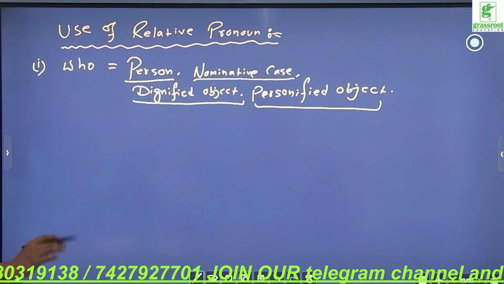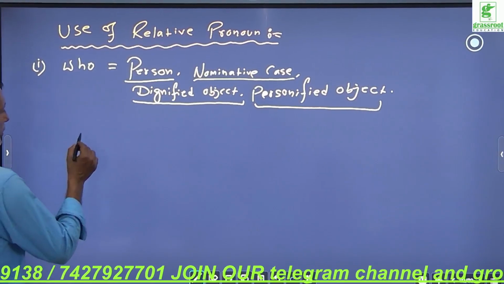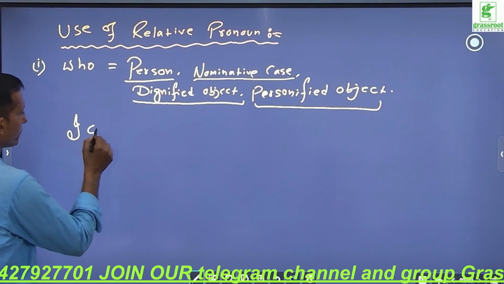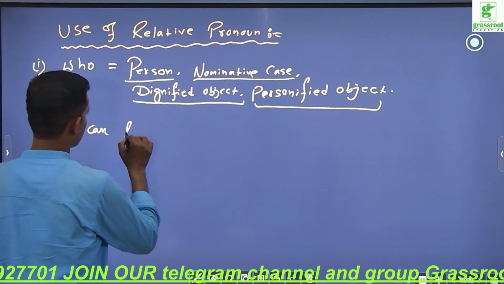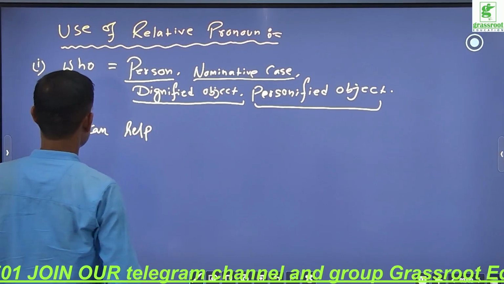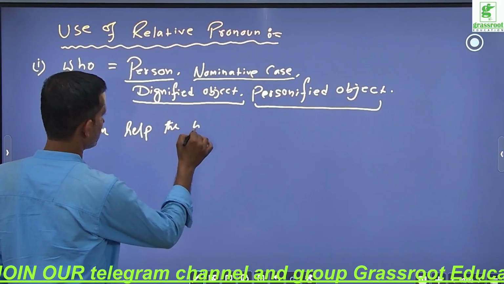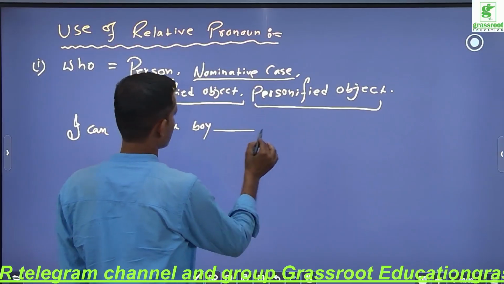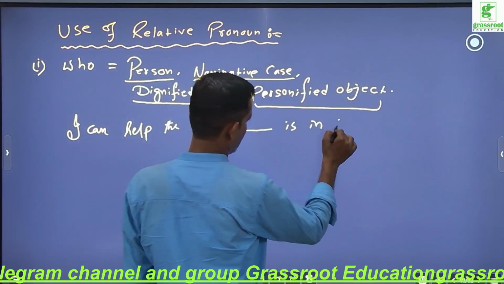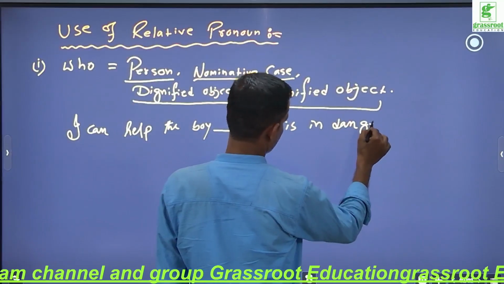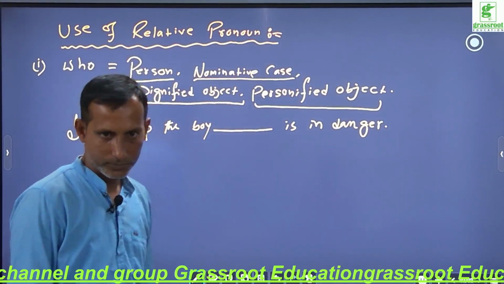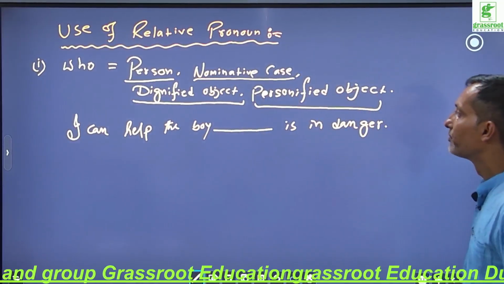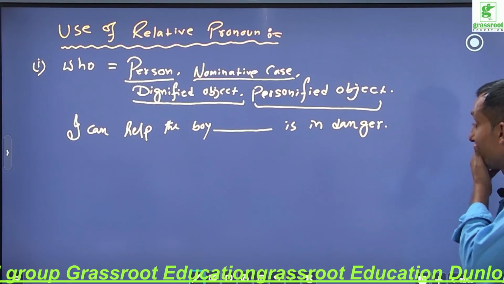Next, first we take an example. When you differentiate between adjectives and pronouns, you have to know: I can help the boy. Dash is in danger. I can help the boy, dash is in danger.